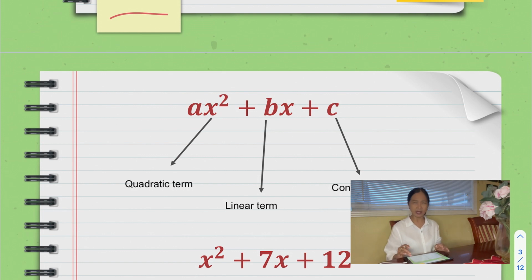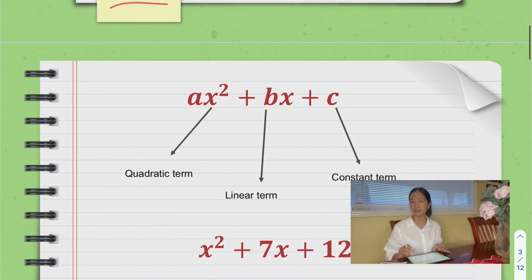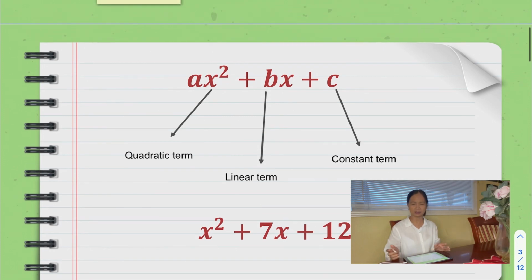When factoring quadratic trinomials of this form, it is also important for you to know how to identify the values of your variables a, b, and c. I have here a specific example of a quadratic trinomial, x squared plus 7x plus 12. If I want to identify the values of a, b, and c, a is the coefficient of your quadratic term. Remember, when we say coefficient, this is the number that is written before the variable.